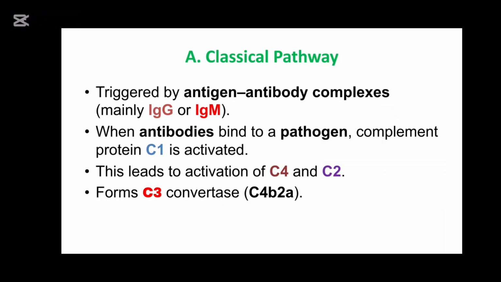In other words, what activates the classical pathway? This pathway is triggered by antigen-antibody complexes. Antigen-antibody complexes, we mean when an antigen is bound with the antibody. So when foreign substances come in the body and the antibodies have bound to this antigen, meaning that they're in contact.